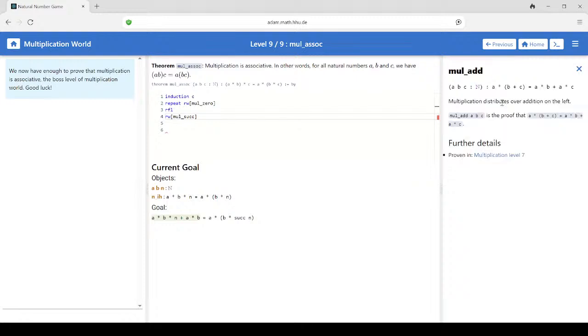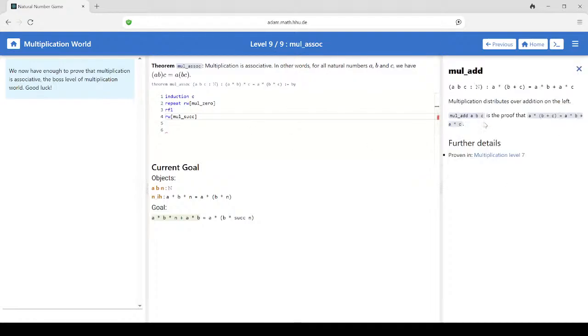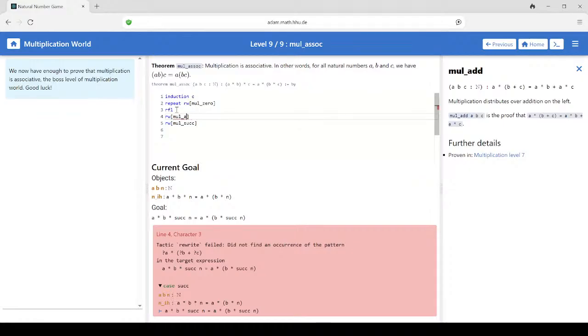Oh wait, could I have used this instead of... I tried this one, I didn't try this one. Let me see what that does. Or if it'll let me. No, it doesn't like that.